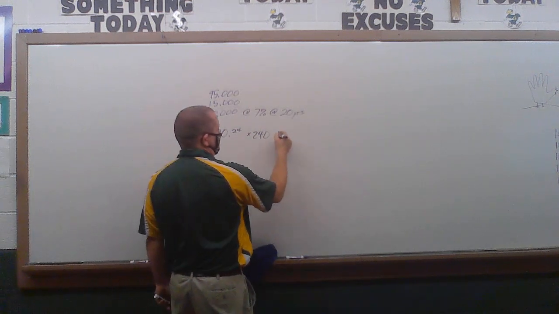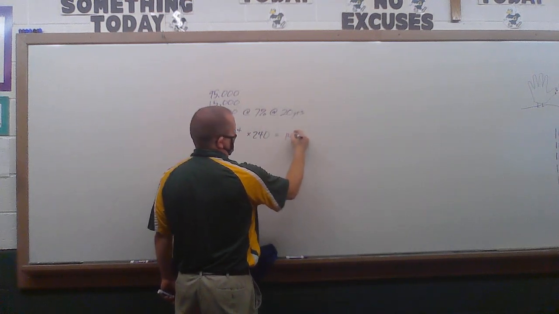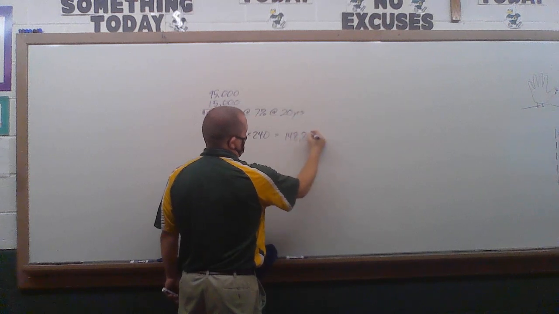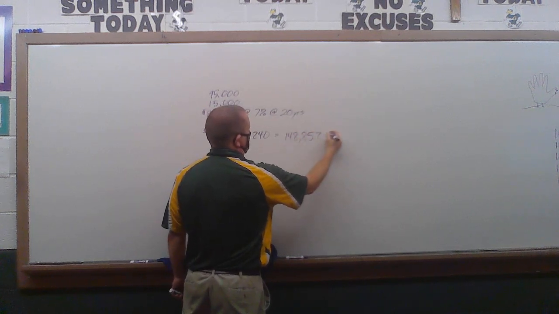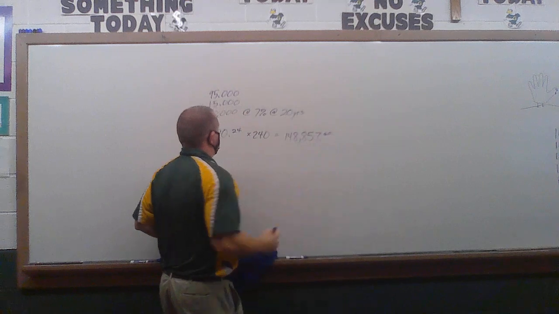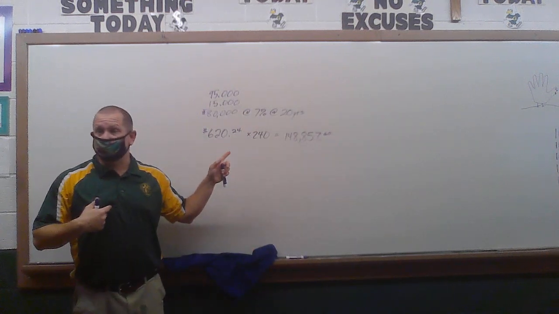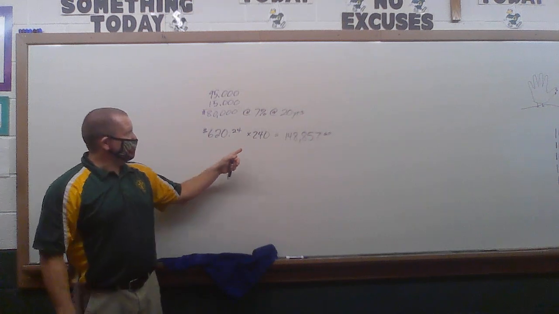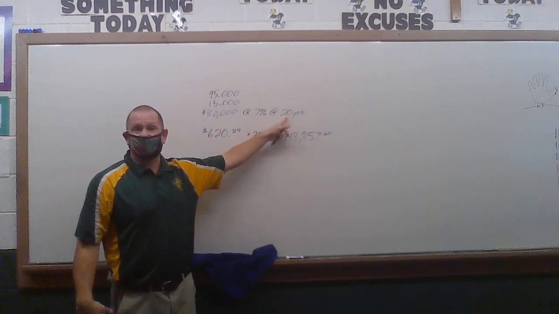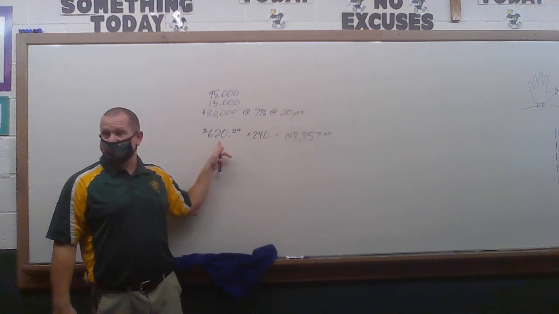This should be a rather large number. 148,857.6. Why did I do this? This is how much I'm going to spend if I do it for 20 years at $620.24.